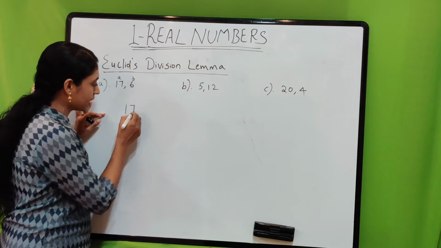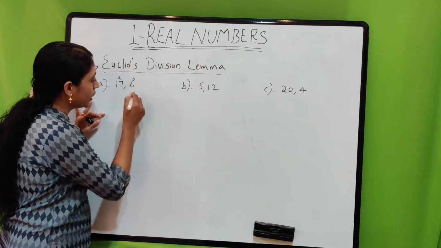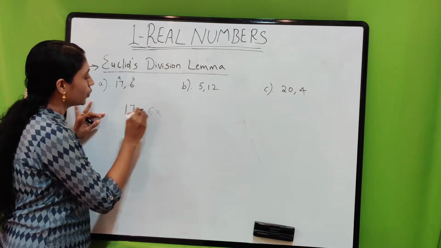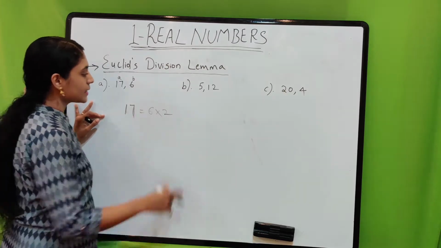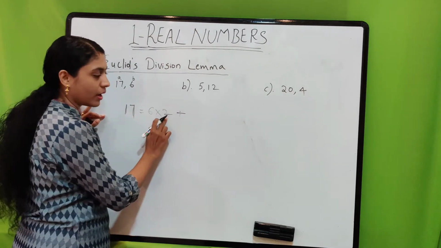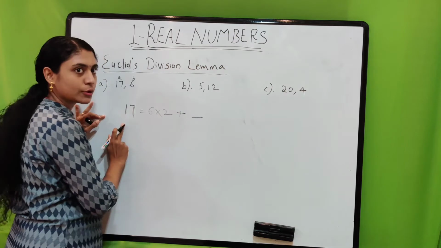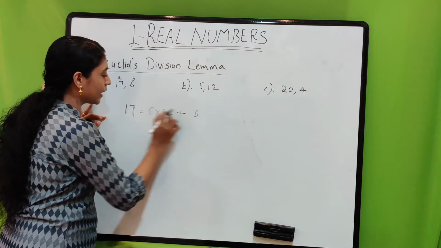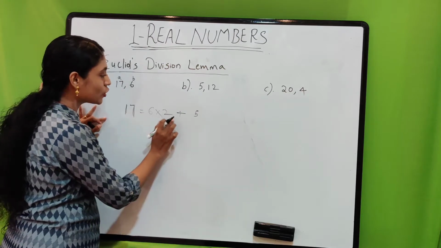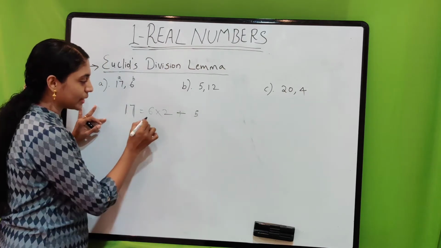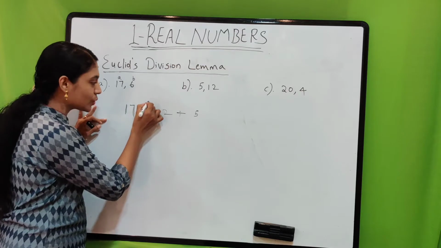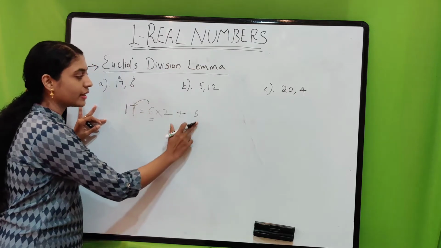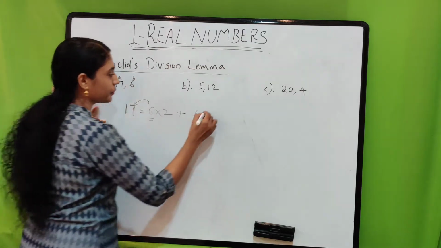How can we write it? 17 is equal to 6 into 2, which is 12, plus 5, since 12 plus 5 is equal to 17. So we can write 17 as 6 into 2 plus 5. That means 6 goes into 17 twice and leaves remainder 5.